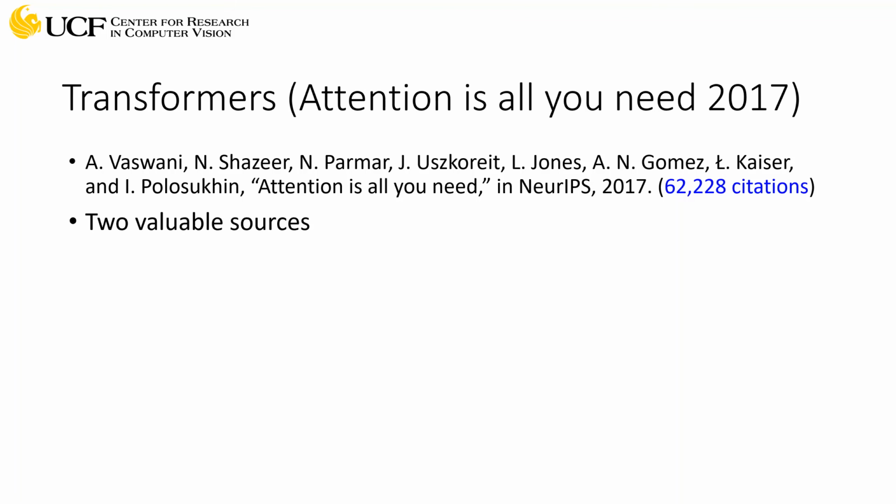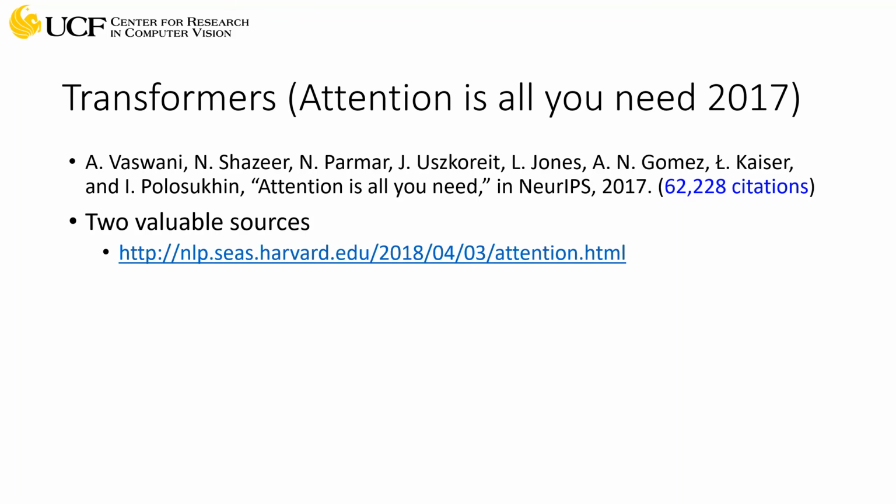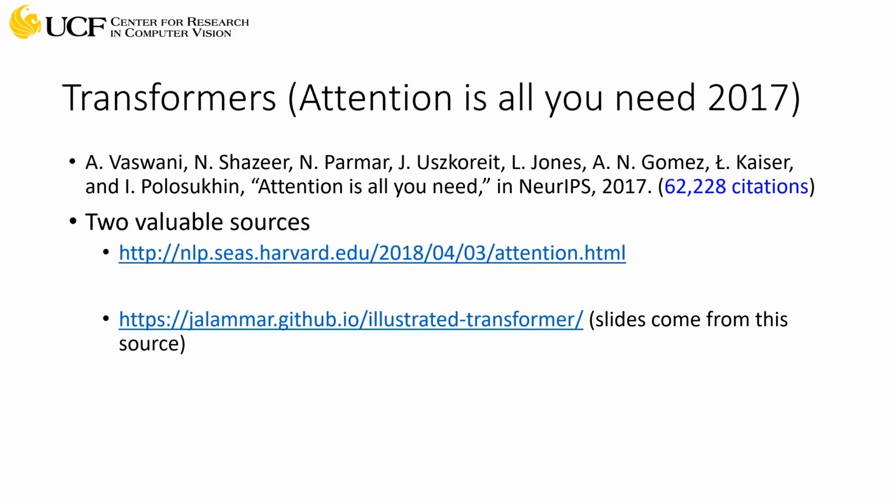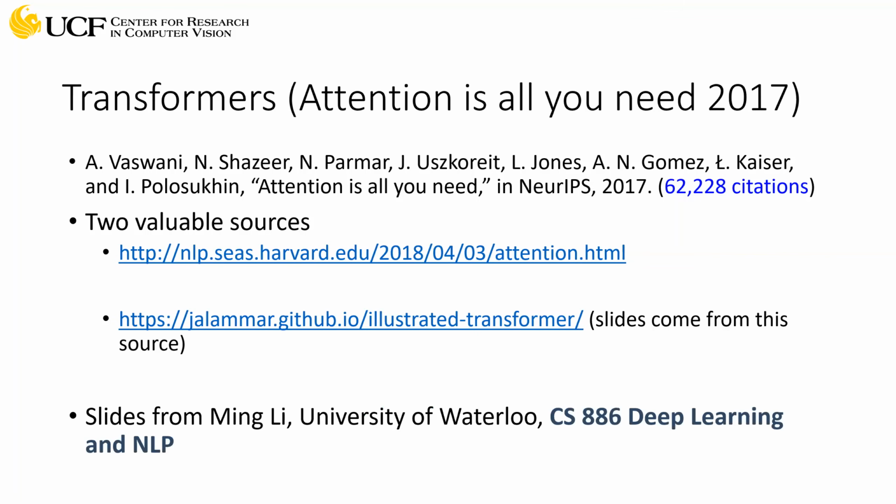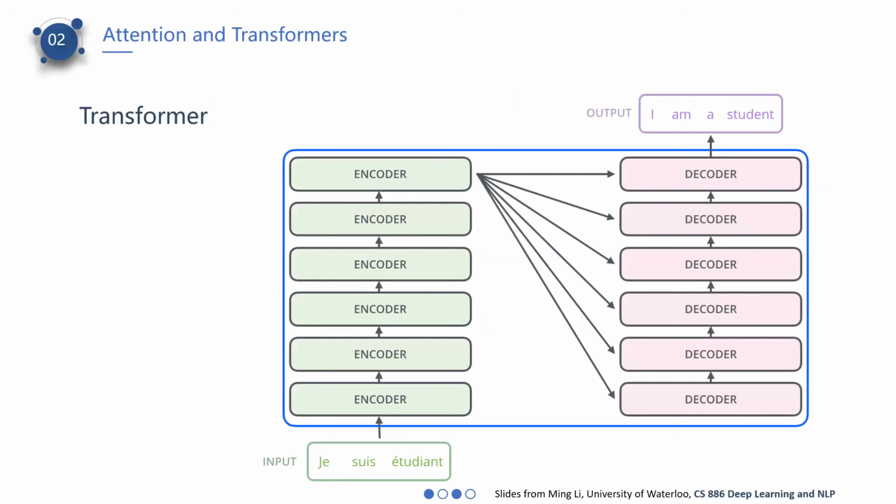And now there are a lot of blogs and resources, and I'm using them to make it very clear. This is a very nice blog from Harvard. There's another blog here, and I'm using slides from this one, and also a nice presentation from the University of Waterloo. Okay, so let's go into more detail.